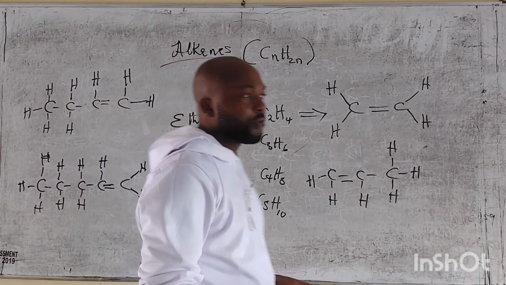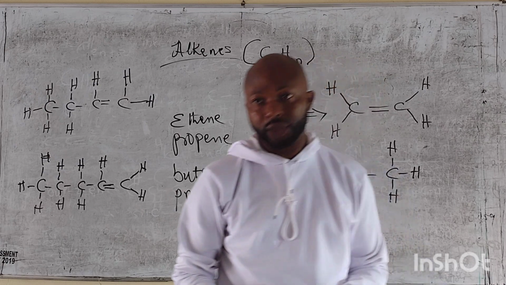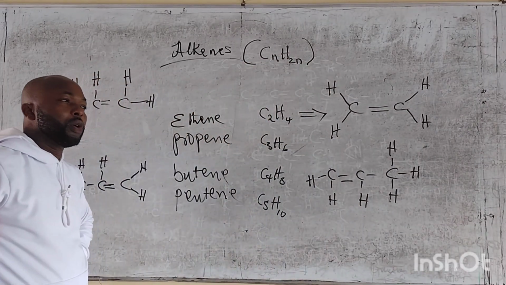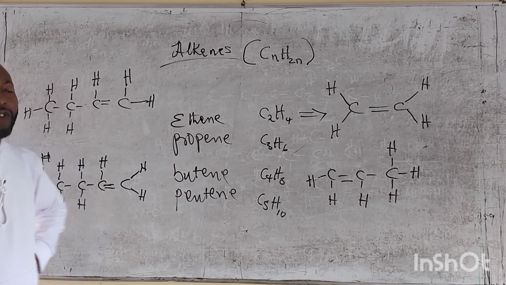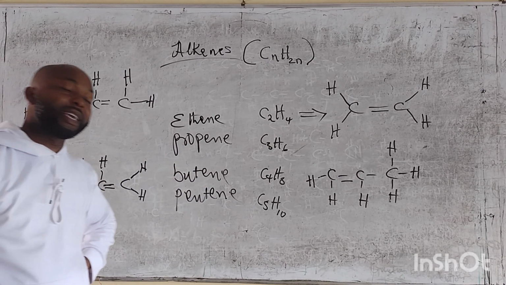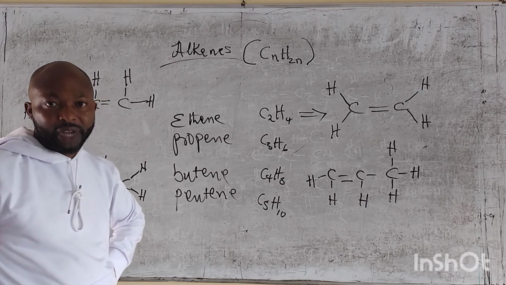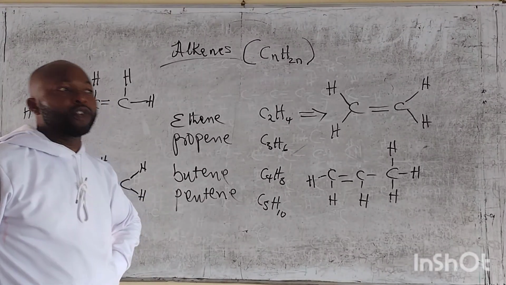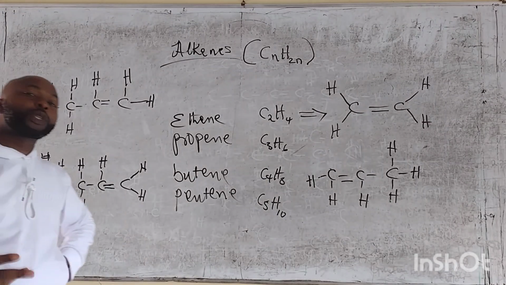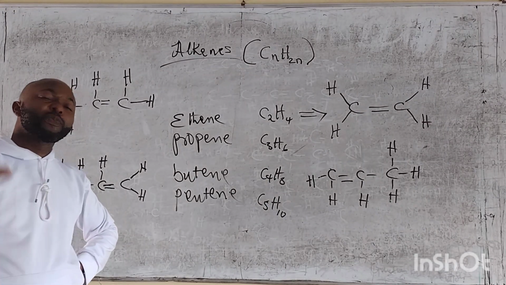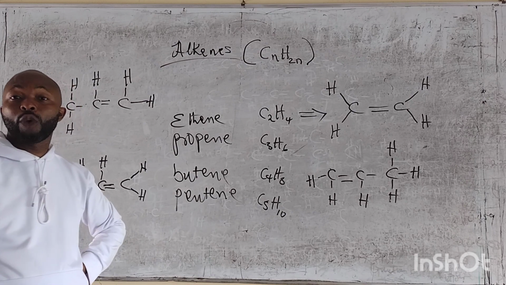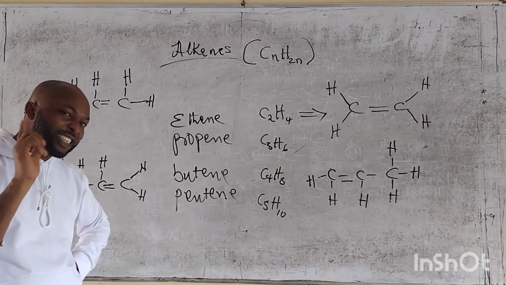Okay, let us move further into reactions of alkenes. Alkenes undergo one distinct reaction that differentiates them from alkanes. That is addition reaction. Now, when we're talking about alkanes, remember I told us about the substitution reactions, which is peculiar to alkanes. That reaction cannot be carried out by alkenes. Why? Because alkanes are saturated hydrocarbons.